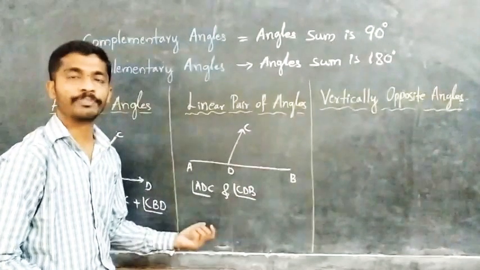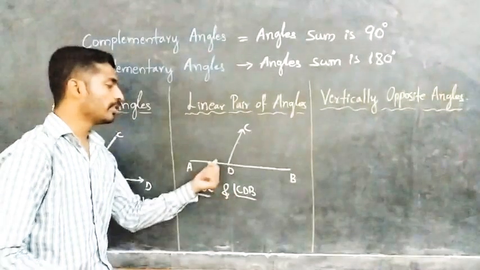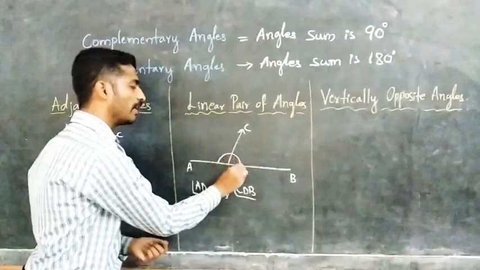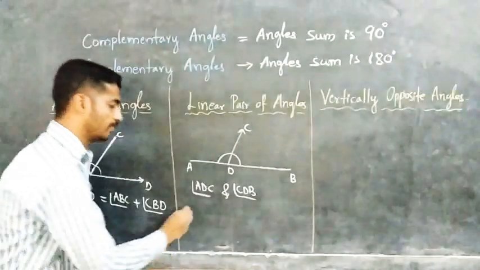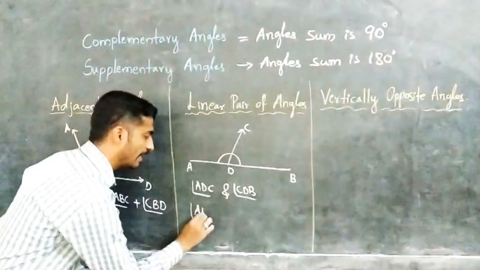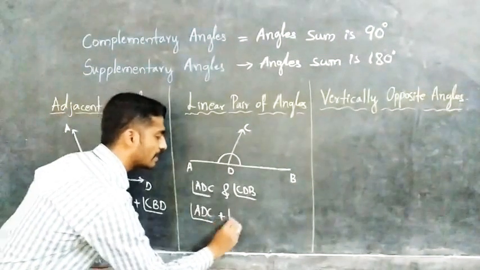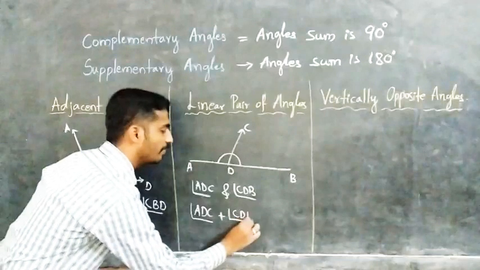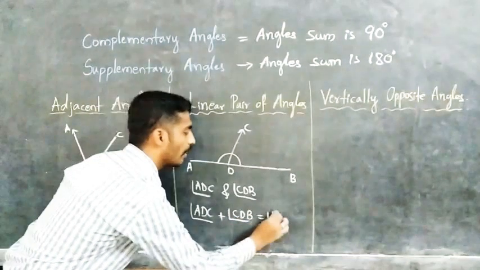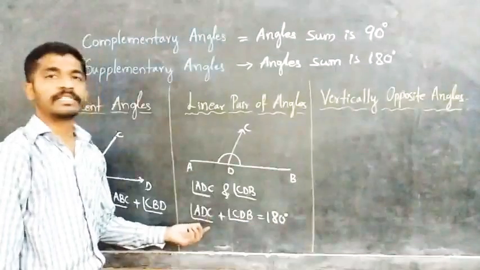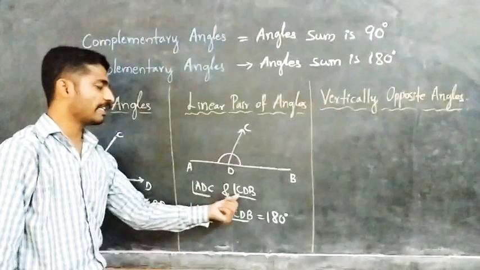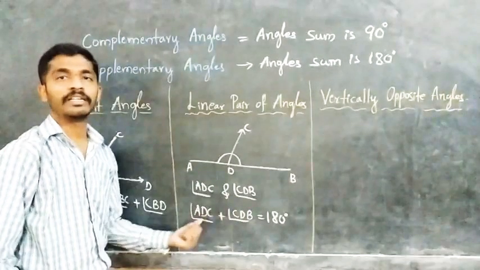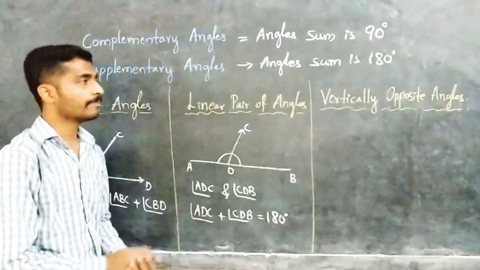How can we say linear pair? If you add both, you will get a total of 180 degrees. So angle ADC plus angle CDB equals 180 degrees. Then we can say angle ADC and CDB are a linear pair of angles.